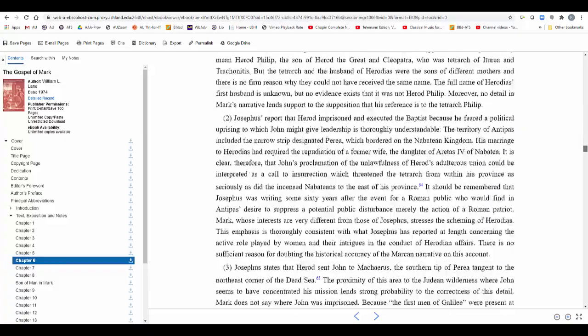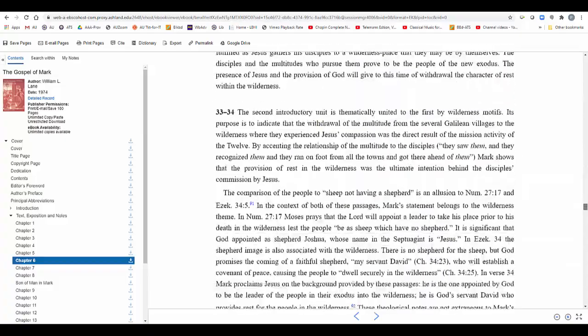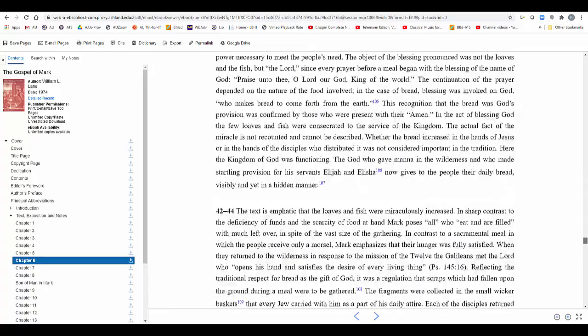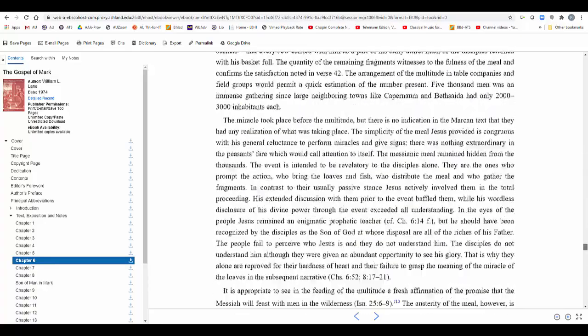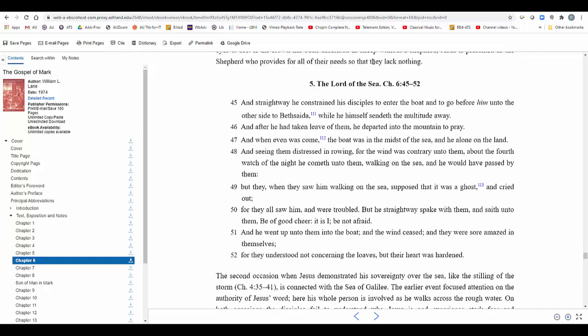And since it's in verse order, we'll just scan down a bit until we see chapter 6, verse 51. 42 to 44, we're getting close. Here's the section. For him, it's section 5, Lord of the Sea. Stretches through 52. We can see our particular verse that we're interested in.